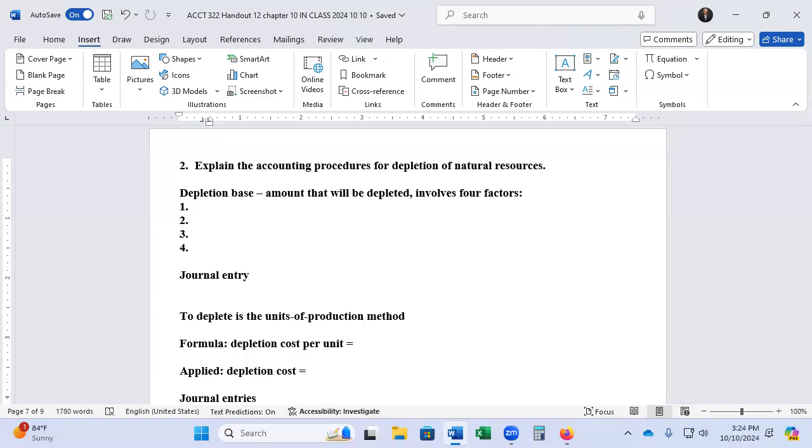So how do we calculate the base that we're going to actually be depleting initially? And so one would be the purchase or acquisition cost for the natural resources. Number two would be exploration costs for successful.